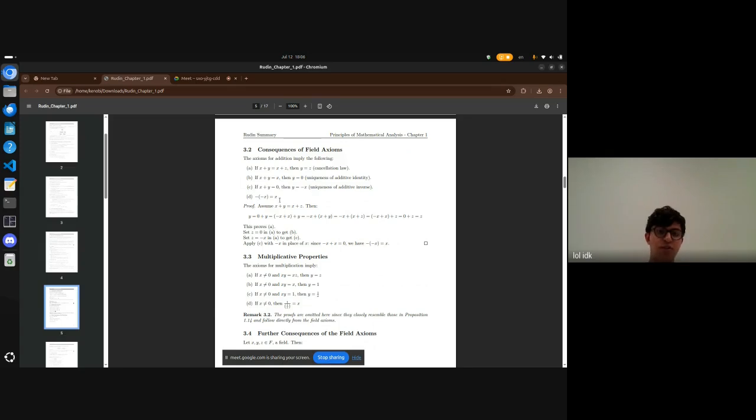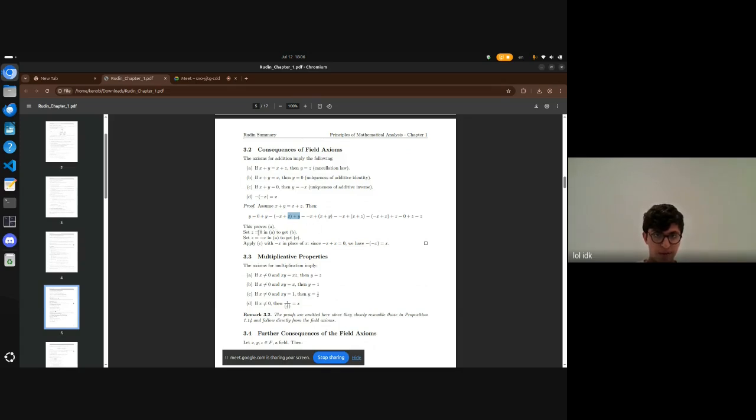The strategy is using this linking factor, negative x plus x, which is 0. Then you break this link and turn this link into this link, if you see what I mean. And x plus y equals x plus z, and we bring back the link to negative x plus x. So this is 0, and we get y equals z at the end.